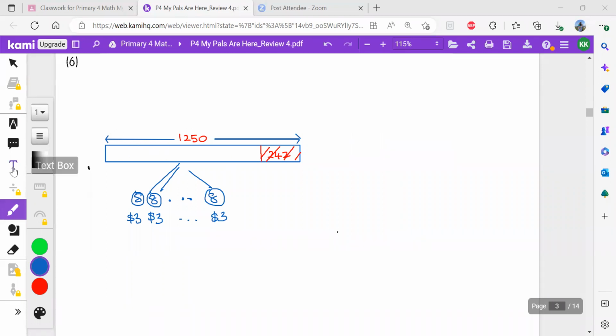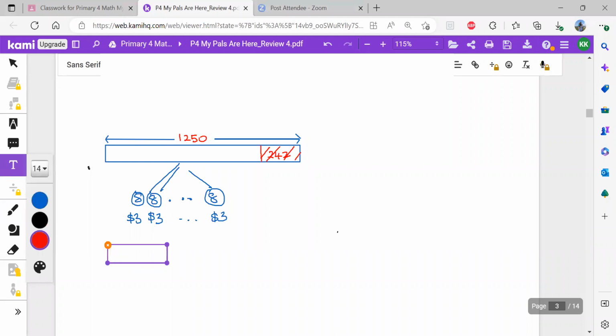So the oranges left will be 1250 take away 242. What does that give me? 1008. I can do working for that.